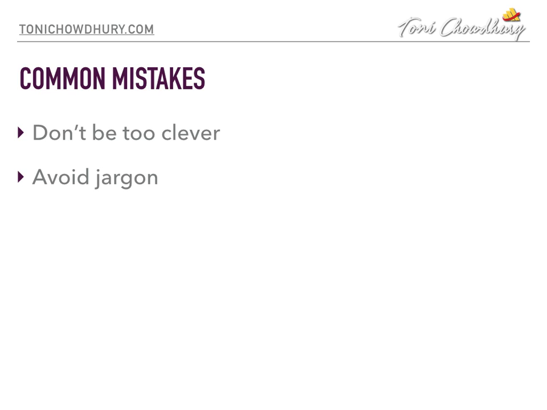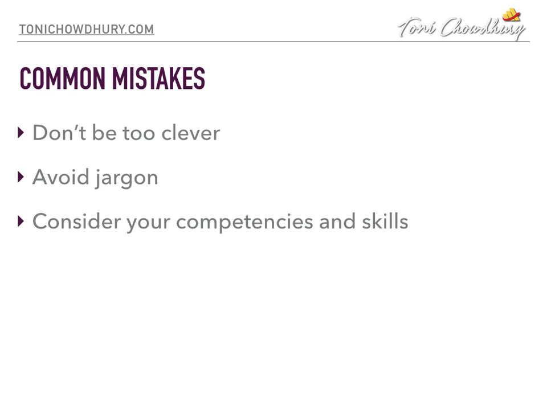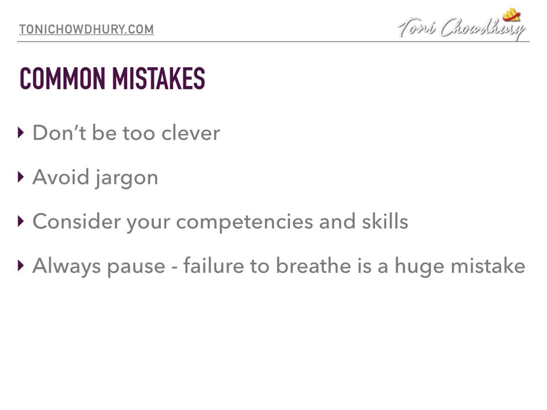Do not use jargon so that people don't understand. Be really, really simple. Consider your competencies and skills, because you do want them to understand that you have certain competencies and skills that your competition doesn't. So naturally, you need to play that up a little bit. But again, not in a really overt way.